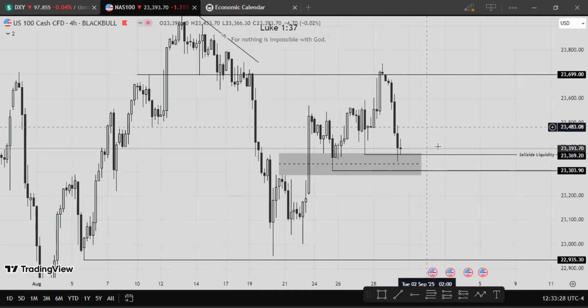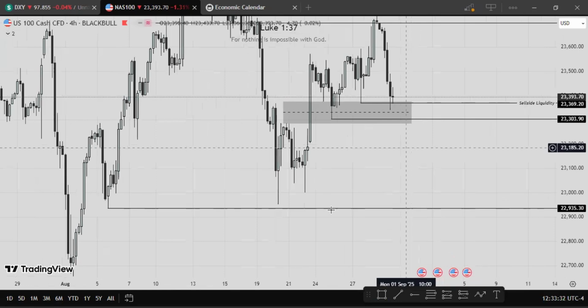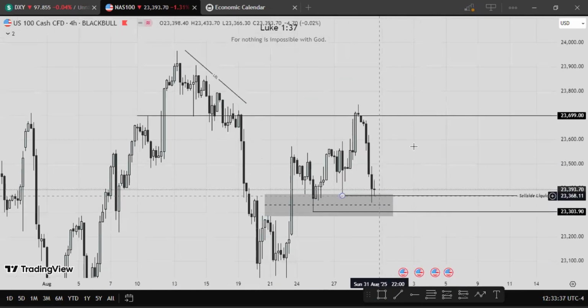So yeah, and then if this doesn't hold, then we'll probably come and turtle soup these lows here. But yeah, I'm going to be waiting for those.